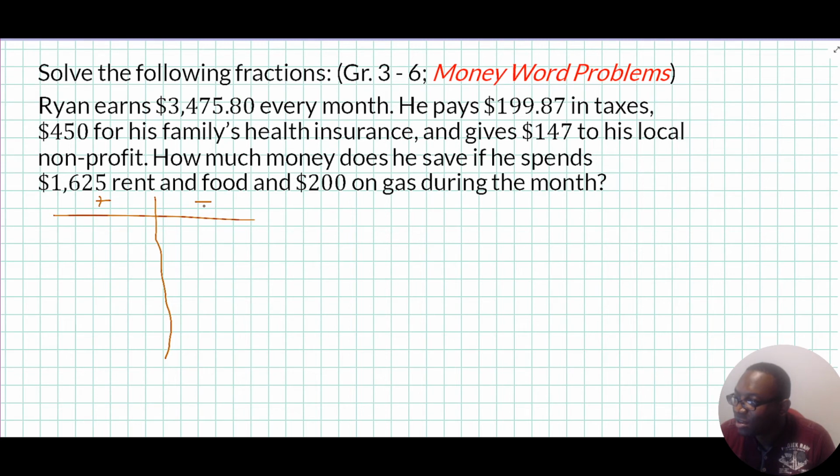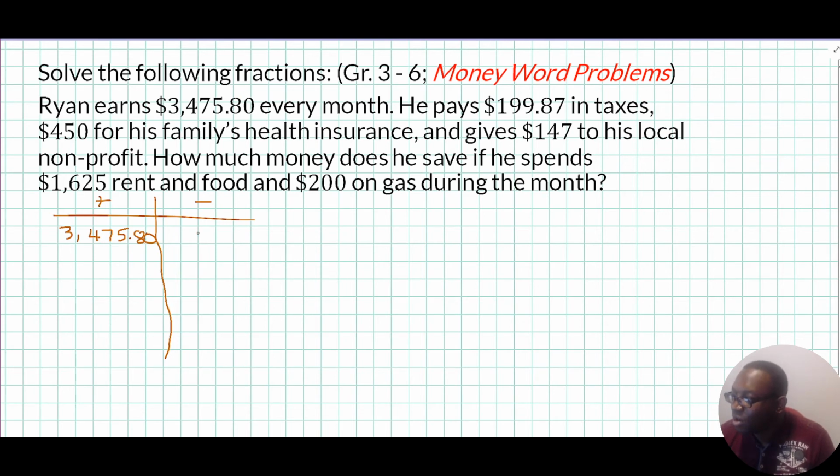So Ryan earns $3,475.80. So that's money he's getting. And he pays, so anything that he's going to be paying, we'll put in the minus column here.